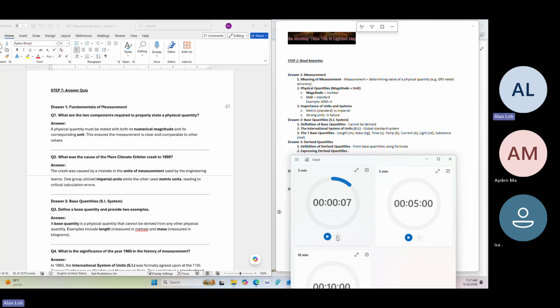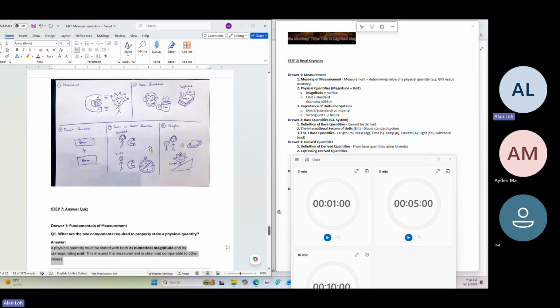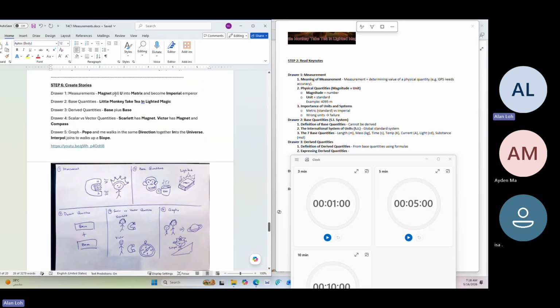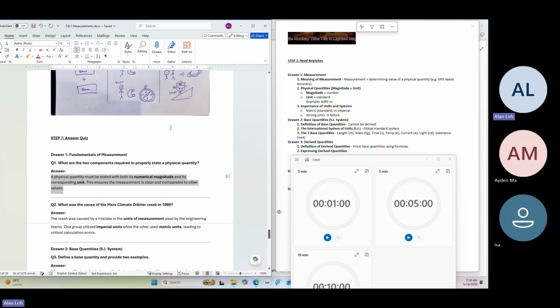All right, let me stop here and explain a bit. I hope that story just now in step 6 is able to help you remember the answers for these questions. Remember that story for drawer 1. Let's go back. Magnet pull you into matrix and become Imperial Emperor.